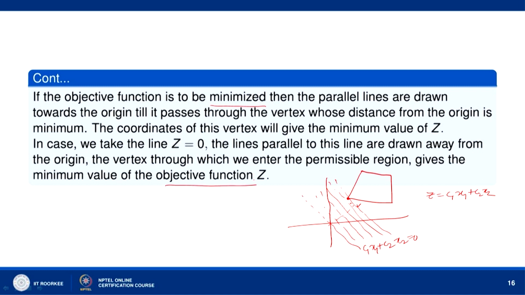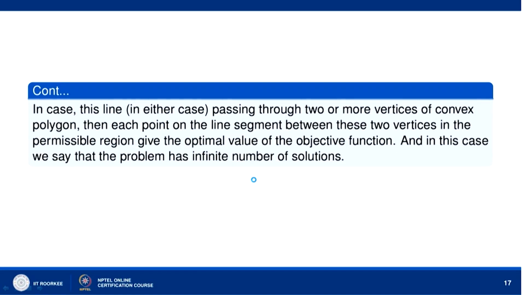This is called the iso-cost or iso-profit method. Now, in case this line, which has maximum or minimum distance from the origin, passes through two or more vertices of the convex polygon, then each point on the line segment between these two vertices in the permissible region gives the optimal value of the objective function.